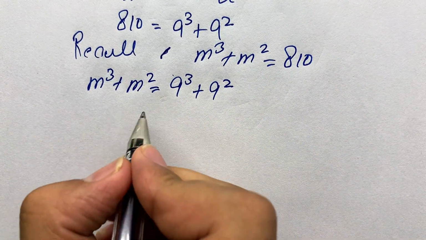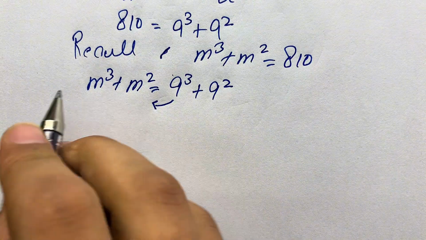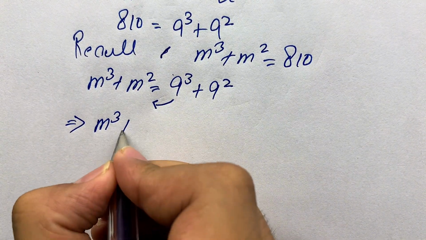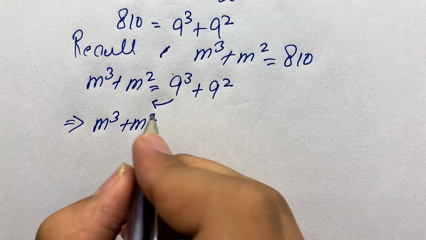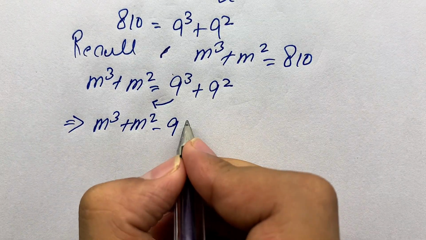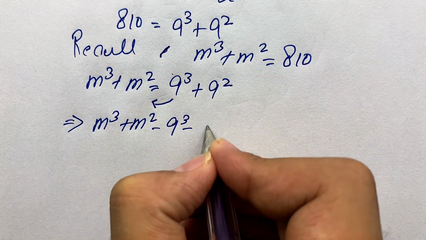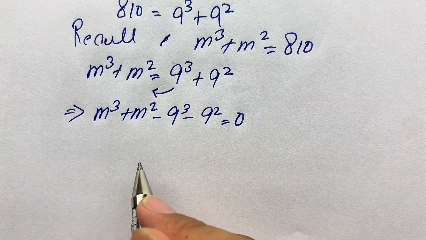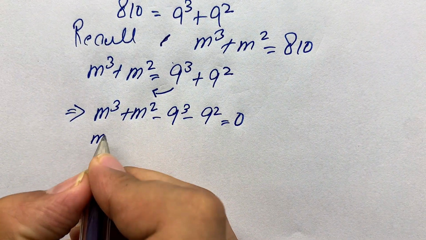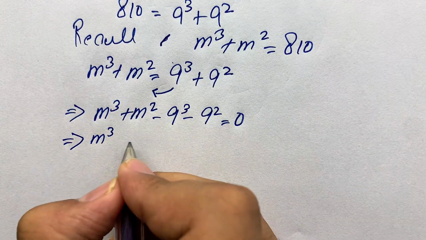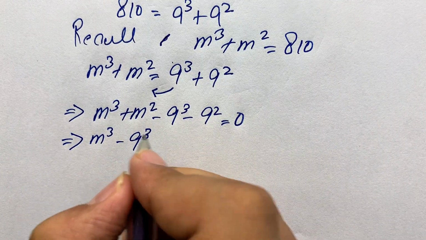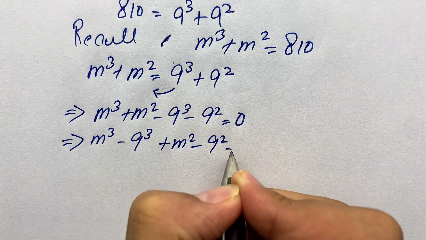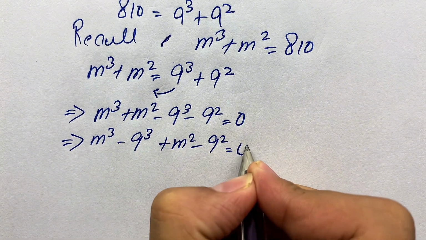So this 9^3 we move to this side. This will be m^3 + m^2 − 9^3 − 9^2 is equal to 0. m^3 − 9^3 + m^2 − 9^2 is equal to 0.